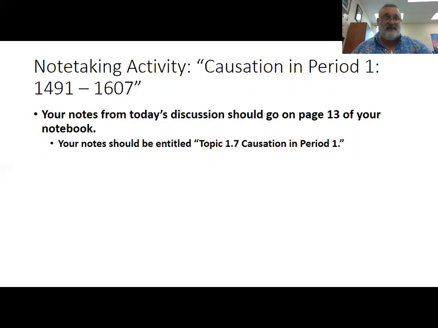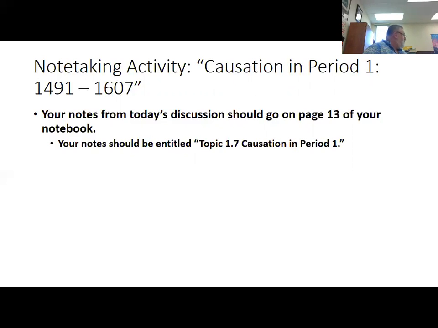So you're going to be asked to do one of the 3 skills, and causation is one of them. Just like in every essay, you're going to be asked to put into context what is going on. So the first topic and the last topic within each period deal with contextualization and one of the 3 skills. So this is an overview of your assignments that go in the notebook.